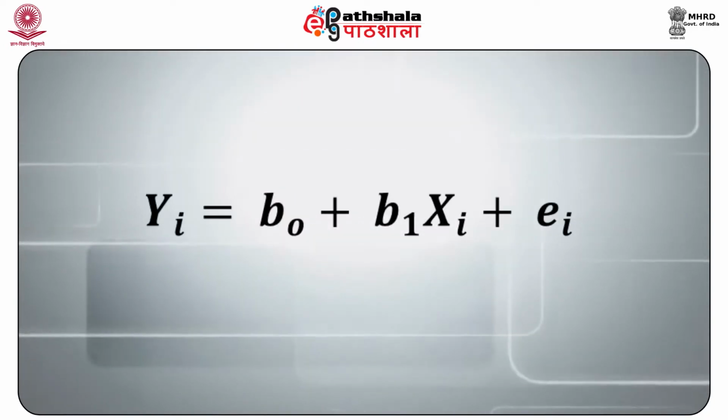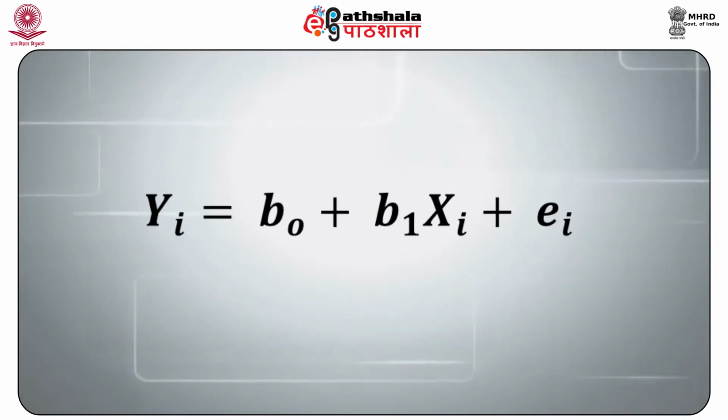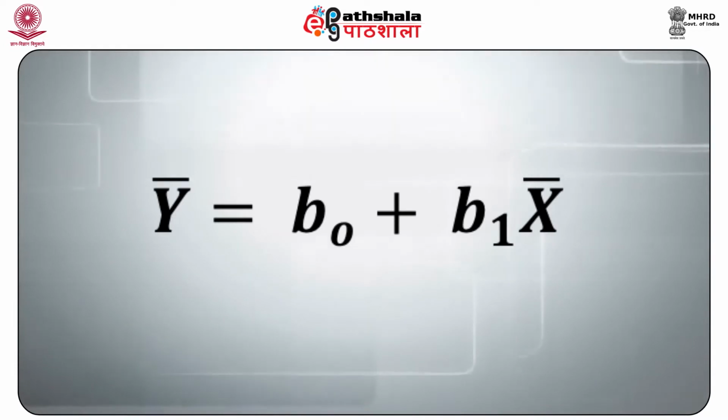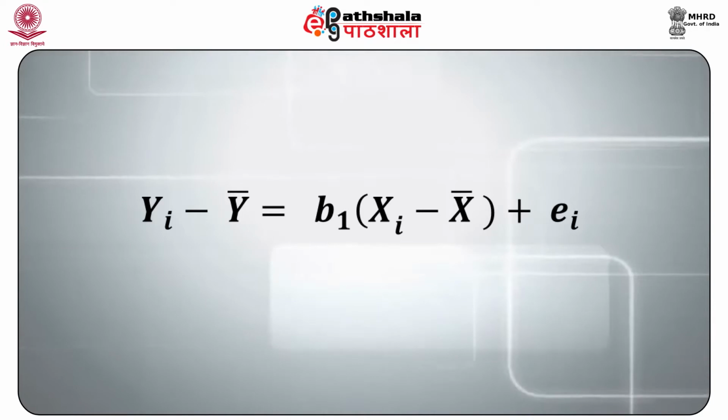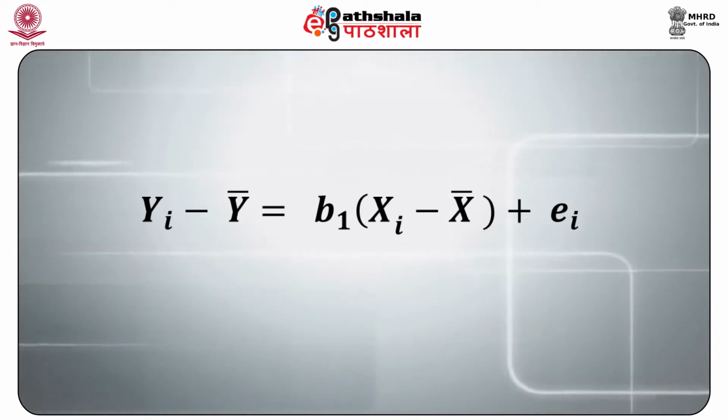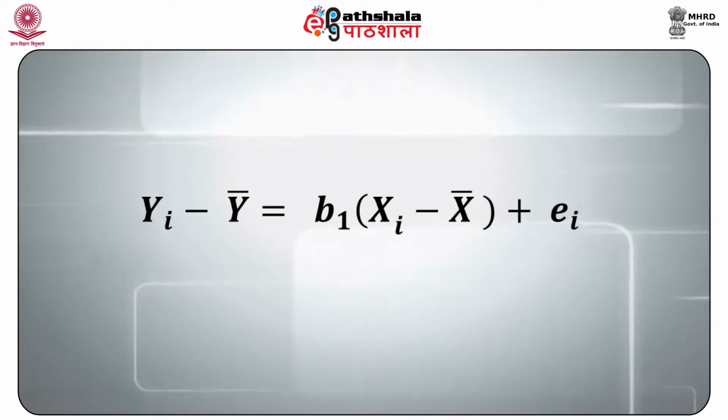Recall that the sample regression function was defined as yi is equal to b0 plus b1 xi plus ei. If you sum both sides and divide by the sample size, we obtain y bar equal to b0 plus b1 x bar, which is our equation 2. Now if you subtract this from our first equation, the sample regression function, we obtain yi minus y bar is equal to b1 into (xi minus x bar) plus ei.